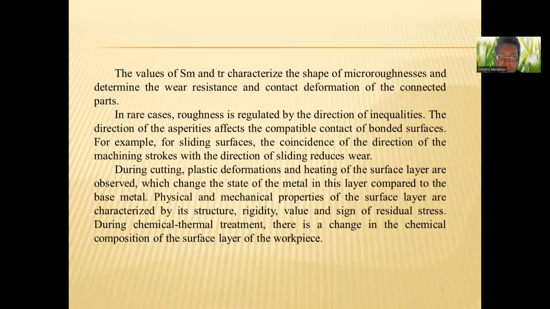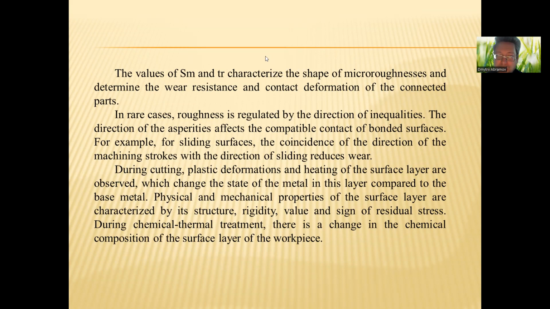The values of S suffix M and T suffix P characterize the shape of microroughness and determine the wear resistance and contact deformation of the connected parts. In rare cases, roughness is regulated by the direction of asperities.